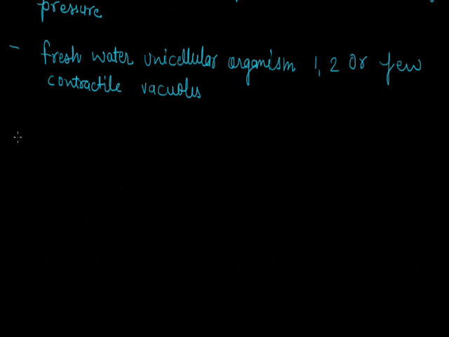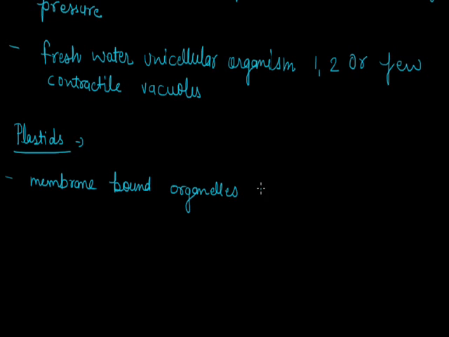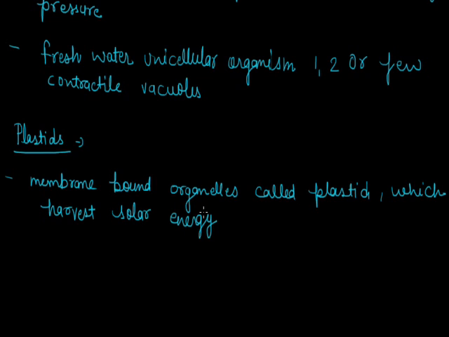Now, plastids. Plants and some protists have several types of membrane-bound organelles called plastids, which harvest solar energy, manufacture nutrient molecules, and store materials.